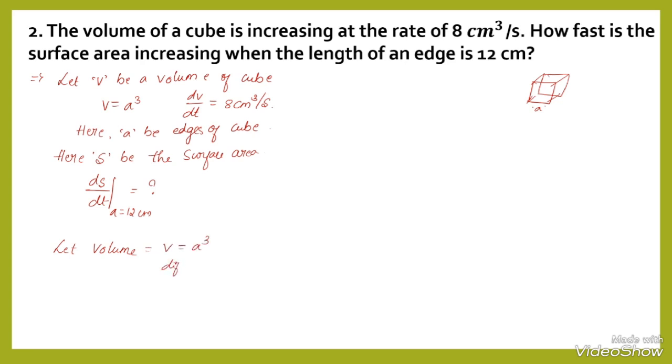We can differentiate with respect to t only, because they have given it per second. So dv by dt is equal to d by dt of, in place of v, we substitute a cube.